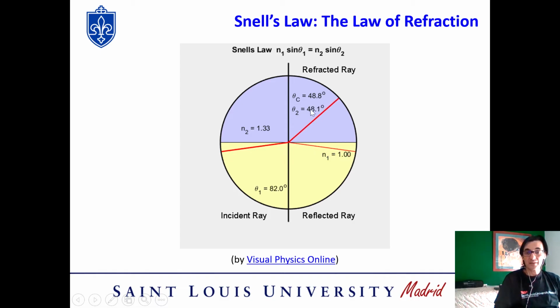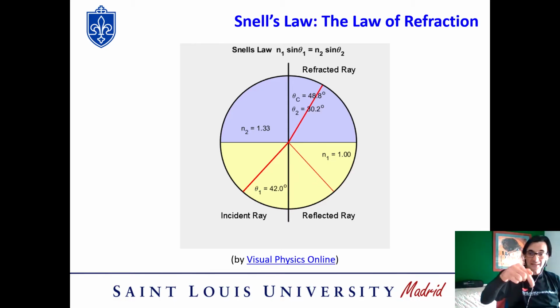And as we can see, we have this deviation. That's something you can experience at home. If you have a glass of water and you put a pencil in it, you can see that the image is deviated from the straight line, and we have a bent pencil.